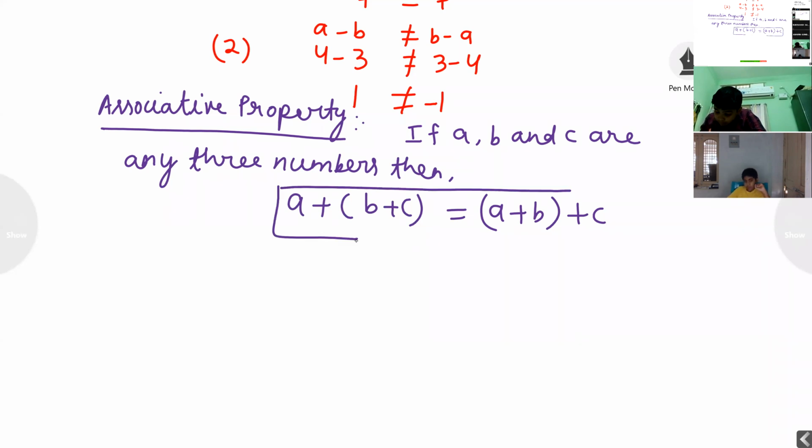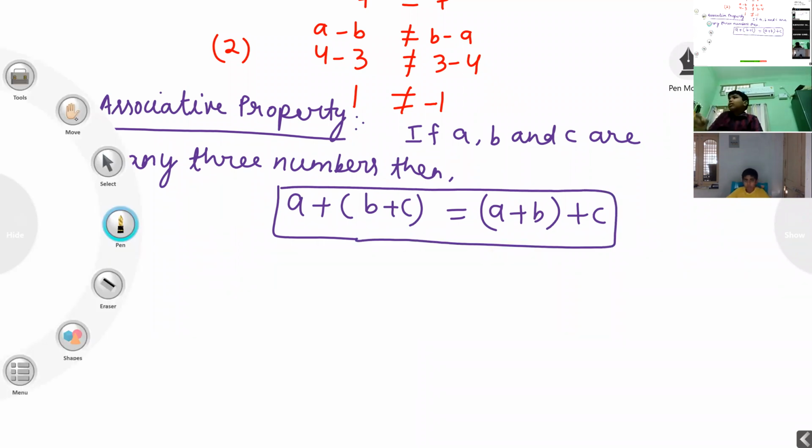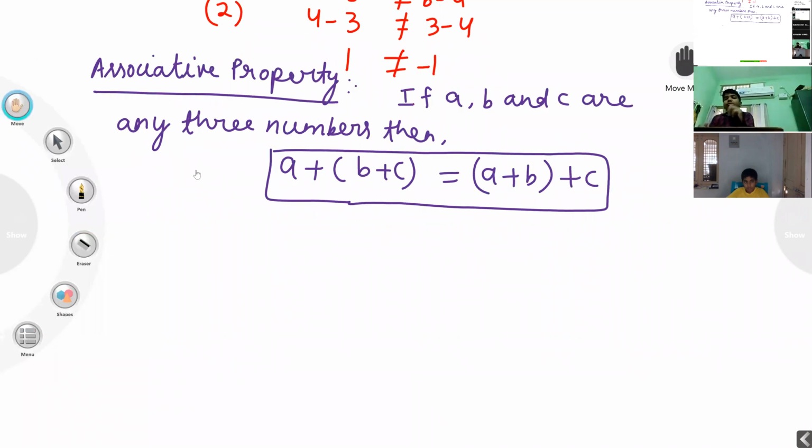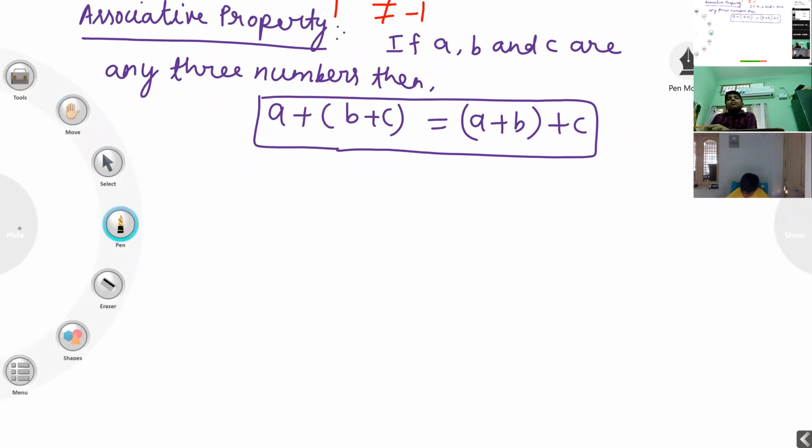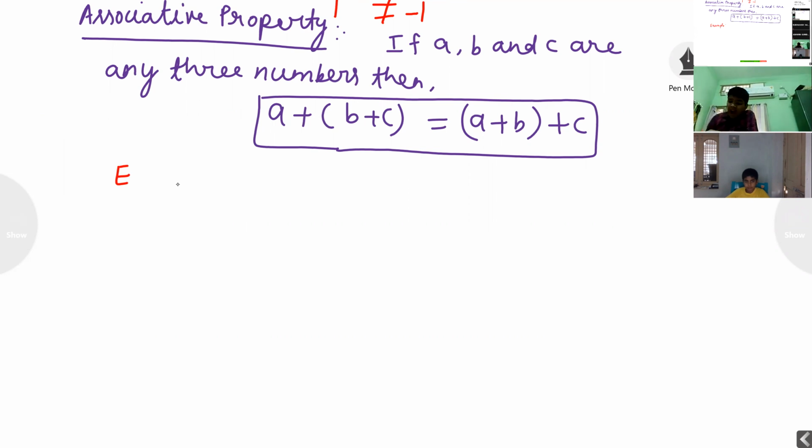Example, note down. First example, 5 plus 4 plus 7. There are three numbers here. The first number is 5, the second is 4, and 7.